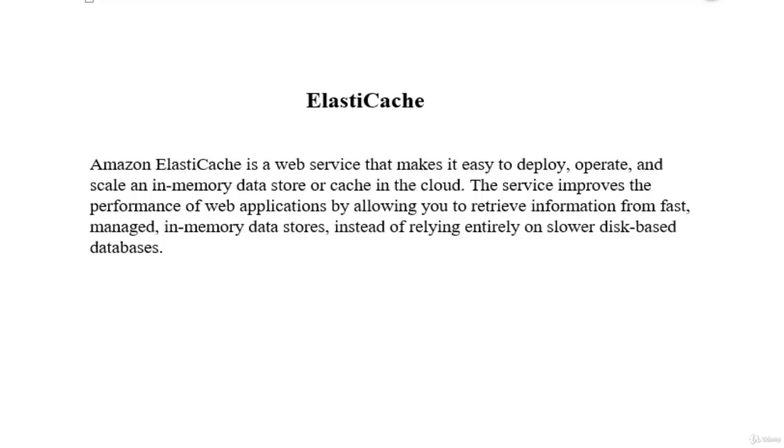Amazon Elastic Cache is a web service that makes it easy to deploy, operate, and scale an in-memory data store or cache in the cloud. The service improves the performance of web applications by allowing you to retrieve information from fast, managed in-memory data stores instead of relying entirely on slower disk databases.